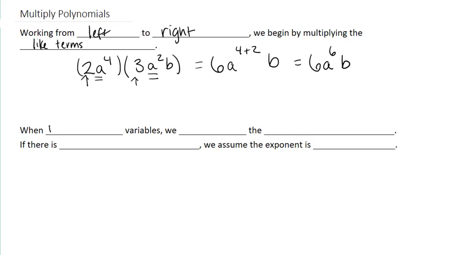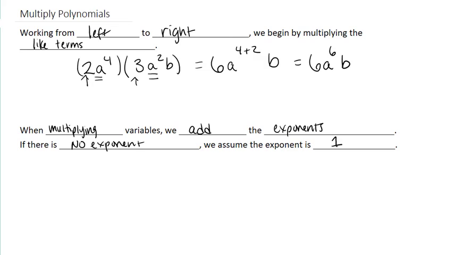And so when multiplying variables, we add the exponents. And if there is no exponent, we assume the exponent is 1.